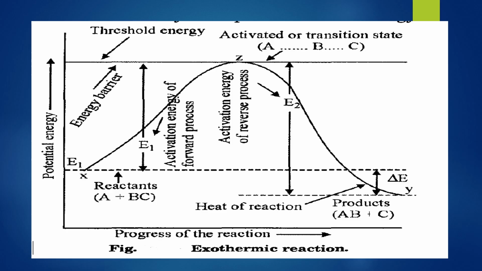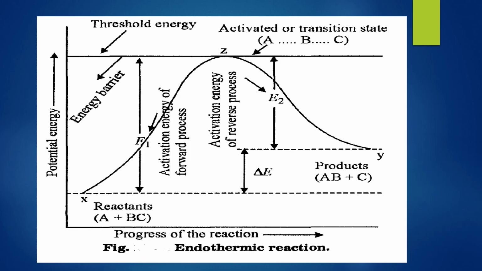So it is potential energy versus progress of the reaction, which you are going to call an energy barrier diagram. In this diagram, we are going to represent the energy of the reactants, the energy of the products, and the energy the molecules must possess to convert themselves into the product.